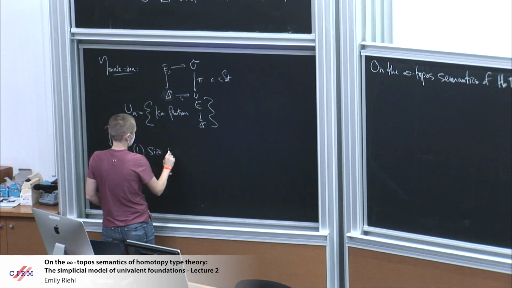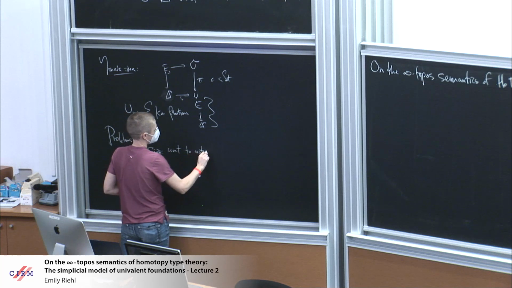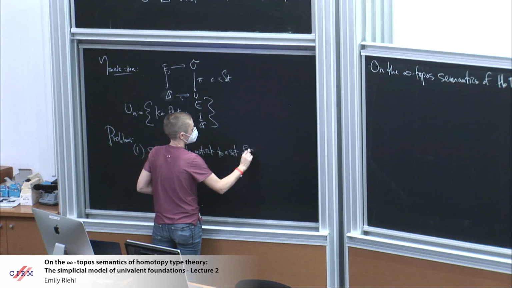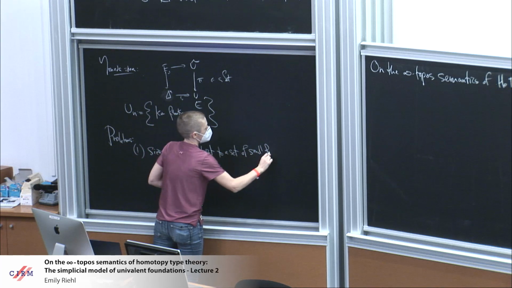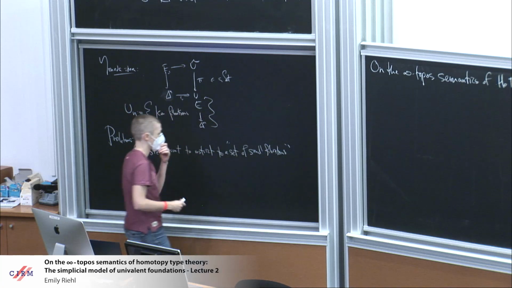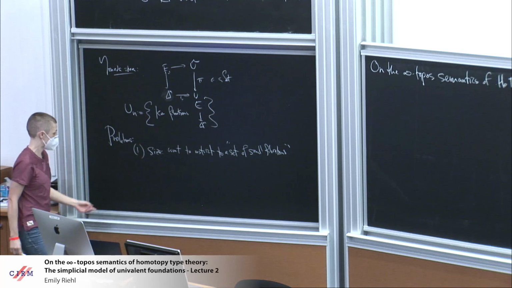So what we will want instead is to restrict somehow to a set of small fibrations. And the idea of this smallness is that we need to impose some sort of cardinality restriction to cut down so this is a set.